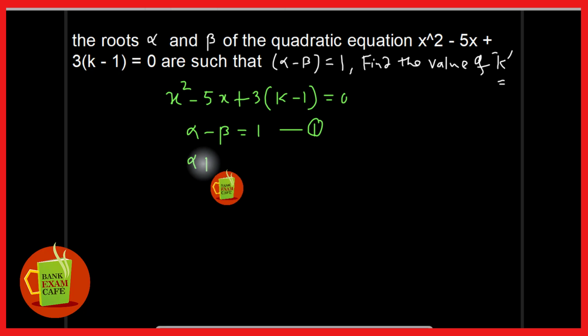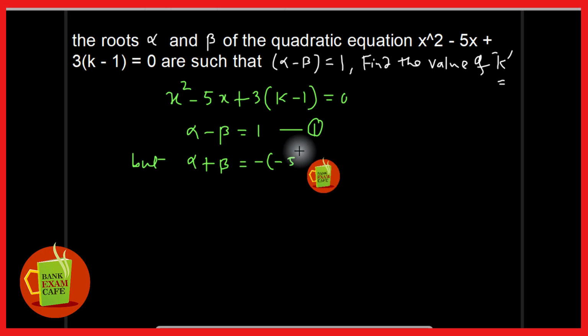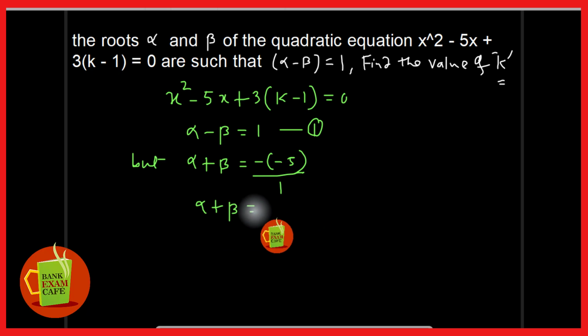But the sum of the roots, alpha plus beta, will be equal to what? Minus b upon a. So minus into minus b upon a, that is 1, and so alpha plus beta is equal to 5. Minus and minus will be 5.